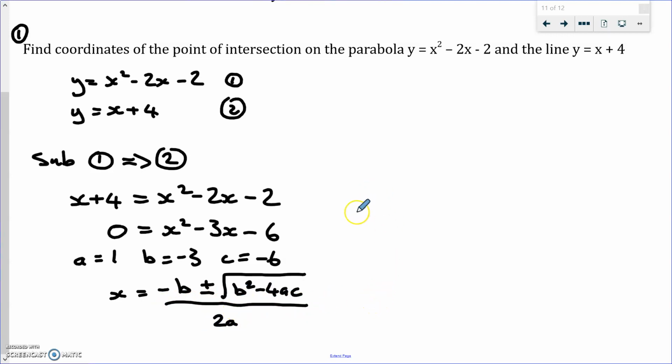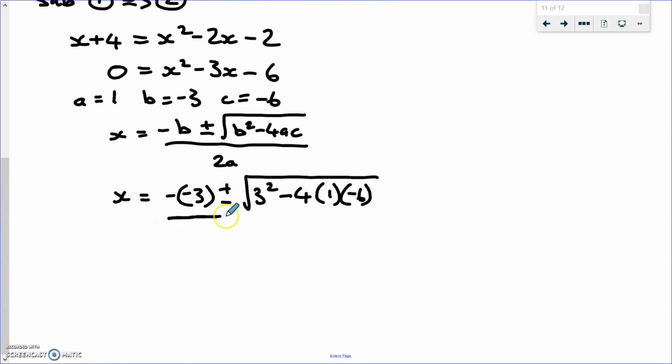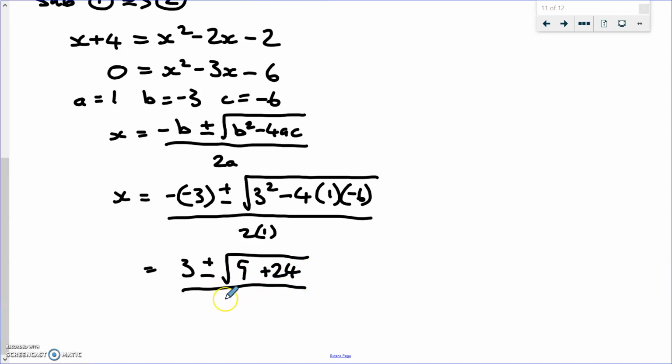So x equals minus minus 3 plus or minus the square root of 3 squared minus 4 times 1 times minus 6, all over 2 times 1. That gives me 3 plus or minus the square root of 9 minus 4 times minus 6, which is plus 24, all over 2.